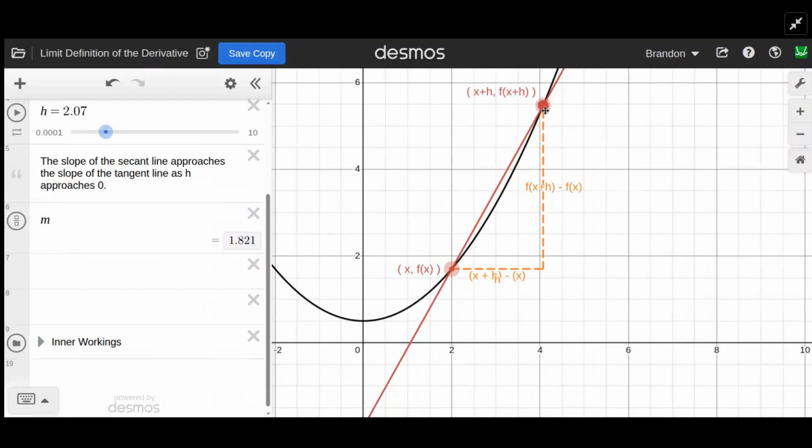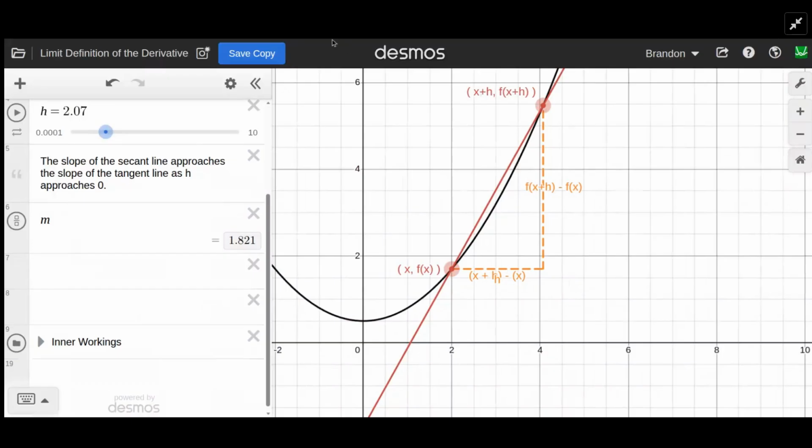And if you think about it, this distance is really like y2 minus y1, f of x plus delta x minus f of x. And then this right here, delta x, or just h, is x2 minus x1 from algebra. And the slope would be y2 minus y1, which is this, over x2 minus x1.